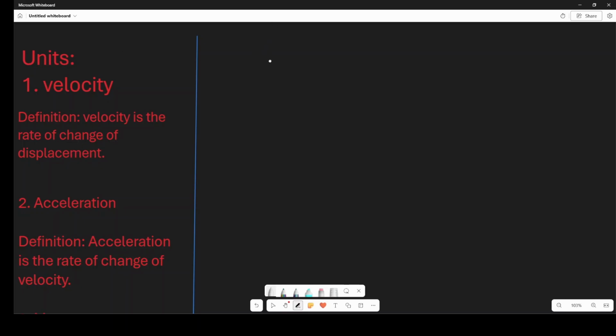The definition states that velocity is equal to the rate of change of displacement. So change is delta, we denote displacement as x, and the rate part means that we divide by delta t.